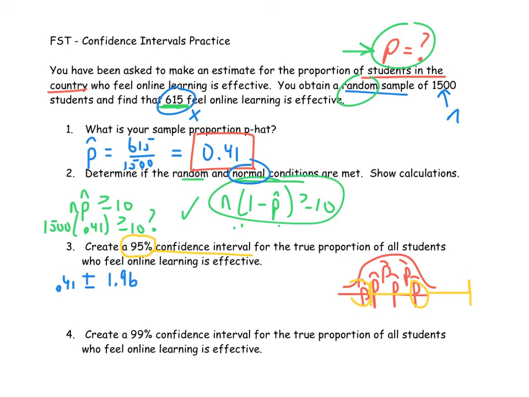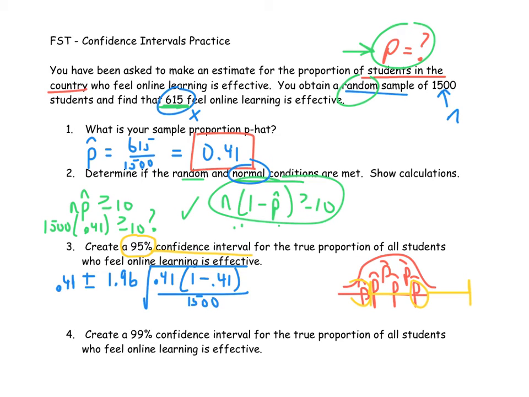Again, I showed where that came from using the inverse norm in the previous video. So you have your 0.41 plus or minus 1.96 standard deviations. And remember, the standard deviation formula is just the square root of p hat times 1 minus p hat, which in this example would be 0.59, over n. And it's the square root of that entire fraction.